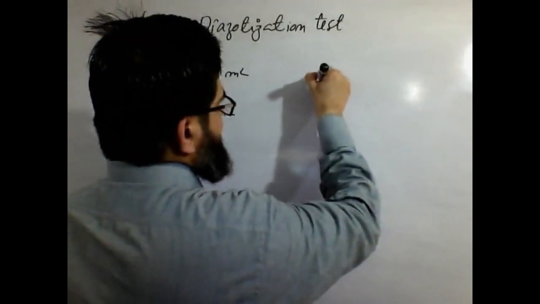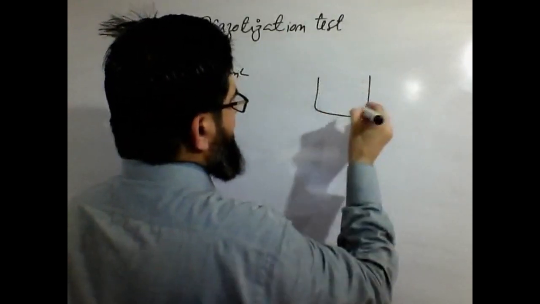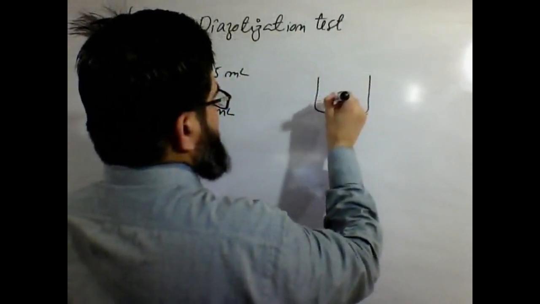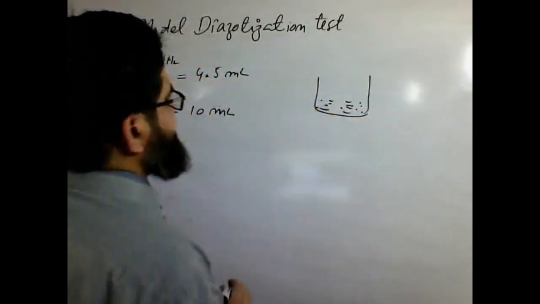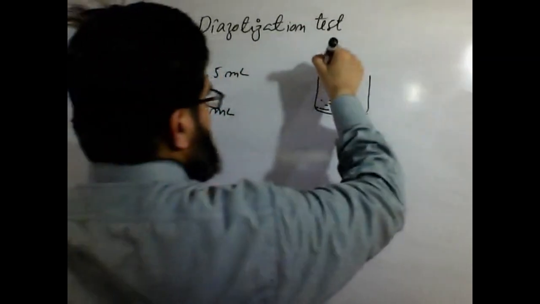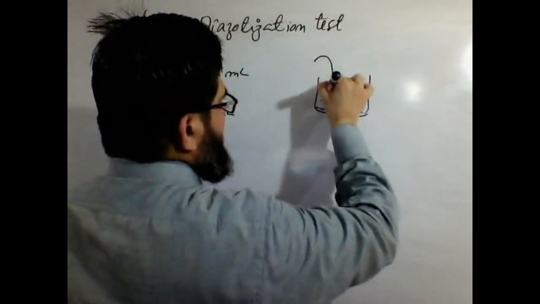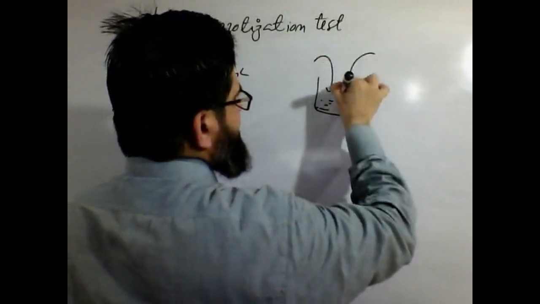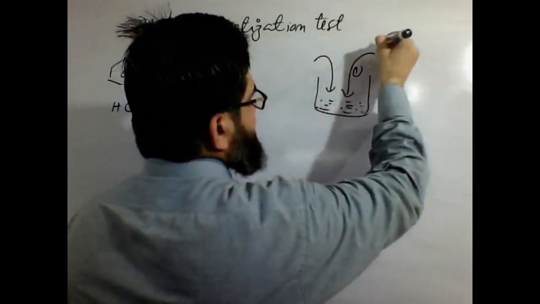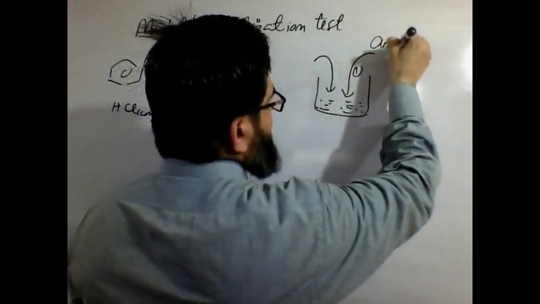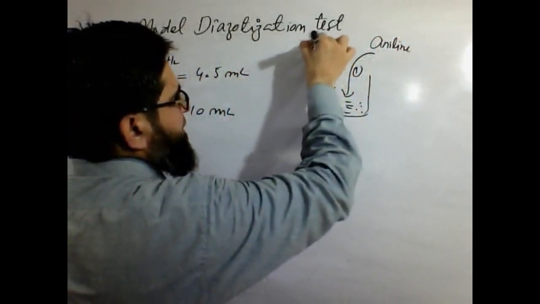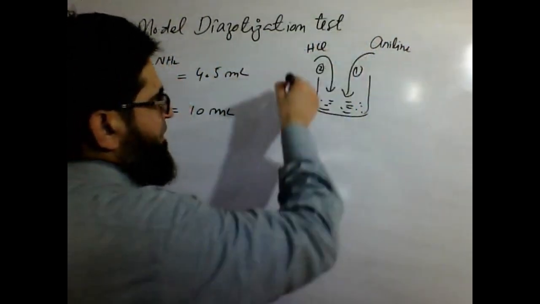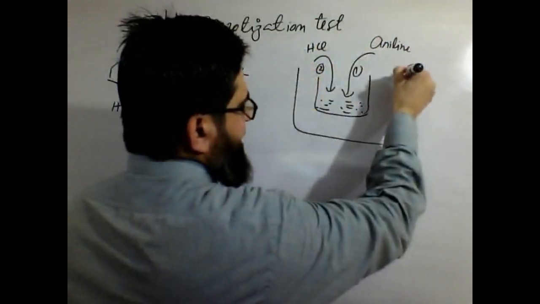We put aniline first into the beaker, then we add in HCl, and then we put this beaker in an ice jacket.